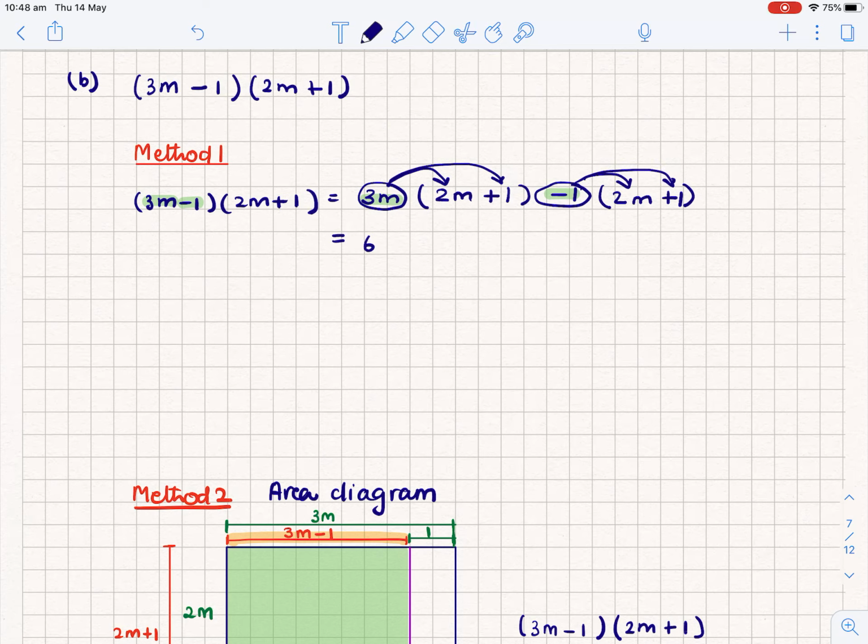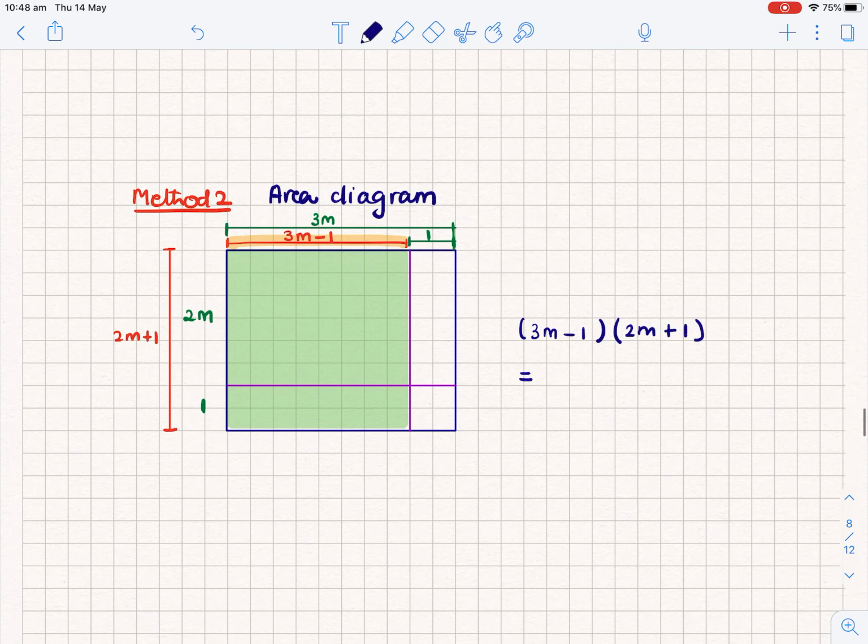That gives you 6m squared plus 3m times 1, 3m, negative 1 times 2m, negative 1 times 1. Again, collect the like terms, including their signs. So that gives you 6m squared plus m minus 1.